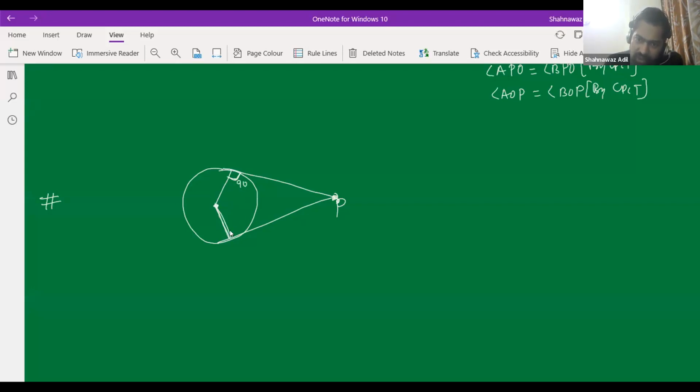This is 90. This is 90. So these two angles, this is OAPB.